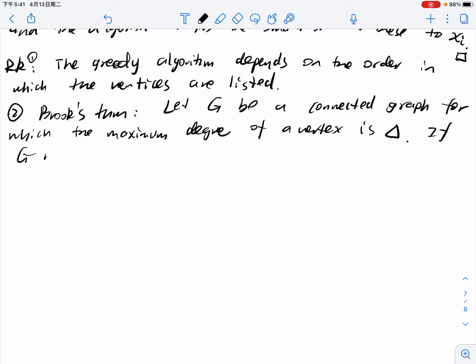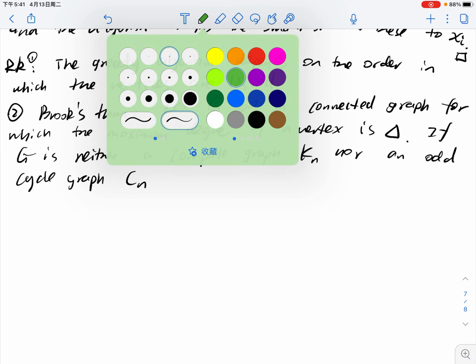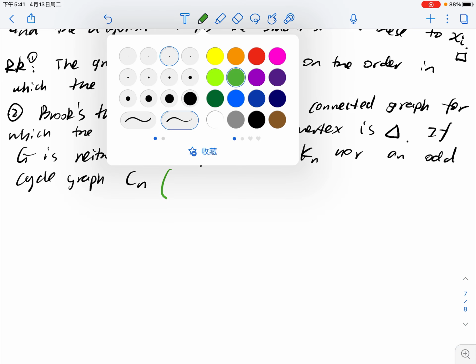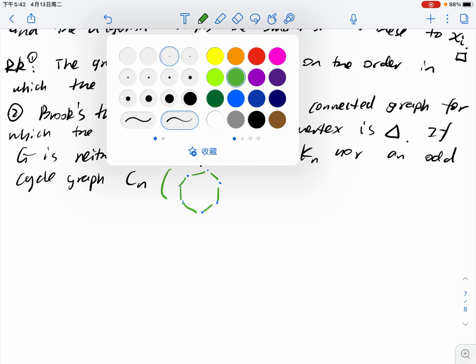If G is neither a complete graph Kn nor an odd cycle graph Cn. Cycle graph means you put all the points on a cycle and connect the adjacent ones.